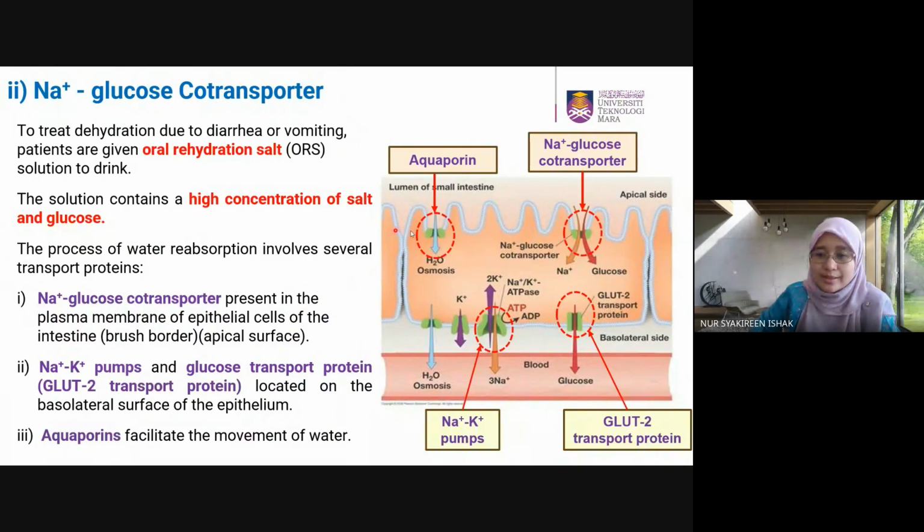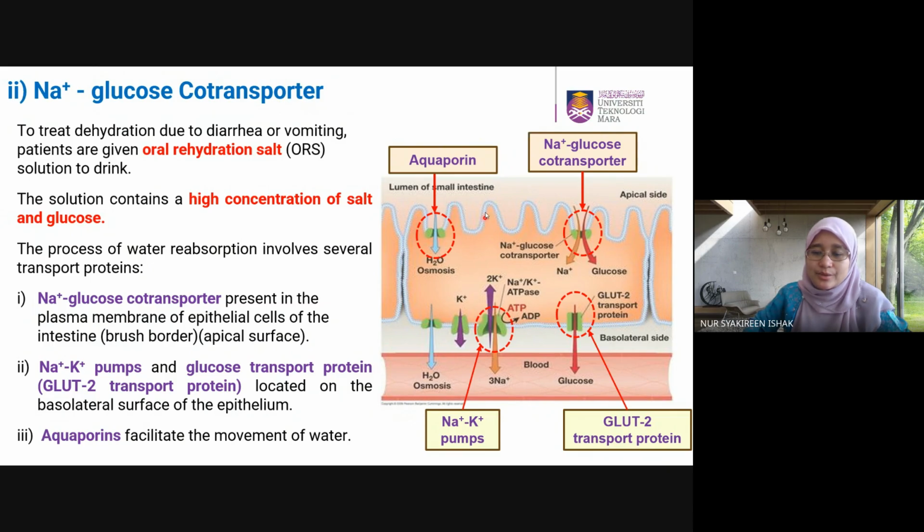So you look here, this is a cell, these are cells lining your small intestine. We know the function of your intestine is for digestion and absorption of nutrients. The cells lining the lumen of the intestine, we call them epithelial cells. Epithelial cells have microvilli.